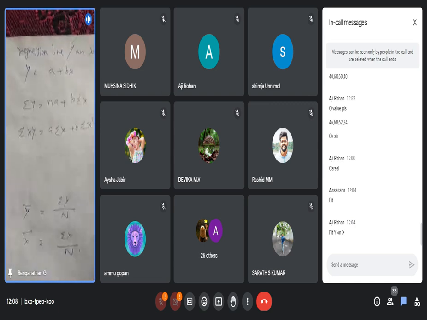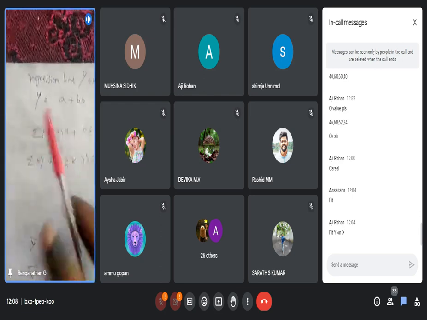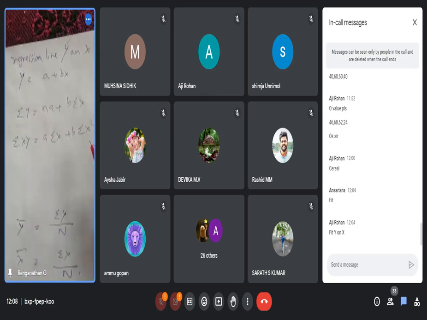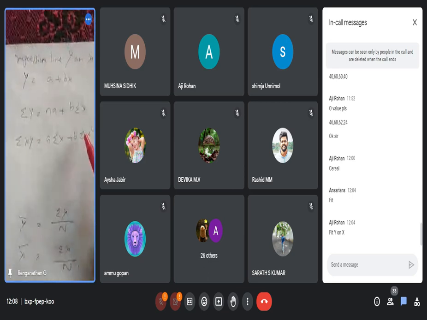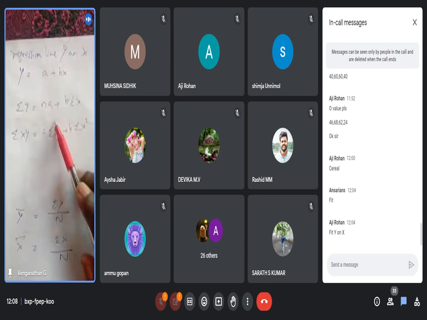Now we explain how to find this. See, leave the first formula there, and we consider the next two, using the simultaneous equation technique to solve them and find the values of a and b. A and b are the variables here.